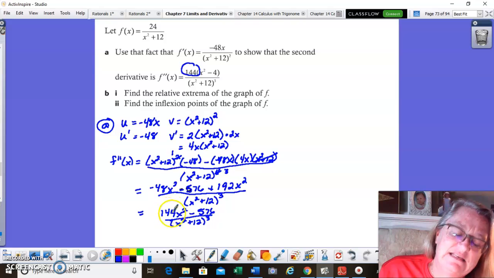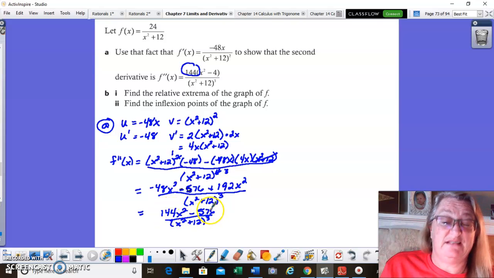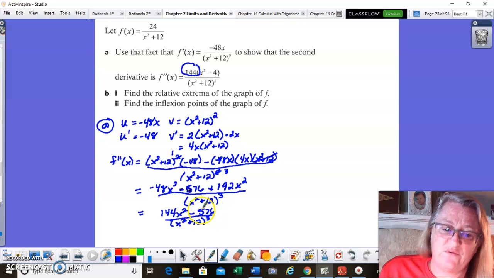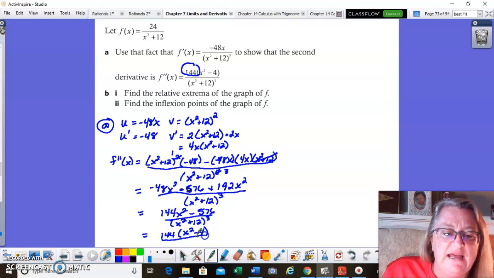And I can see that this is divisible by 144, and some of you might not have seen that, but you could probably guess that that's probably divisible by 144 now that we know that it needs to be this way in the answer. And it is actually. So 144 can be factored out, and that leaves me with my x squared minus 4, because 4 times 144 is 576. And that's now divided by x squared plus 12 to the third.